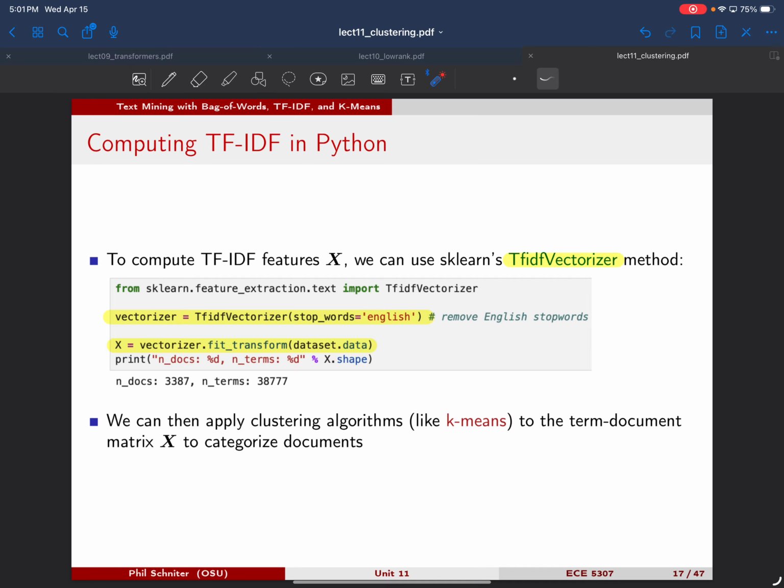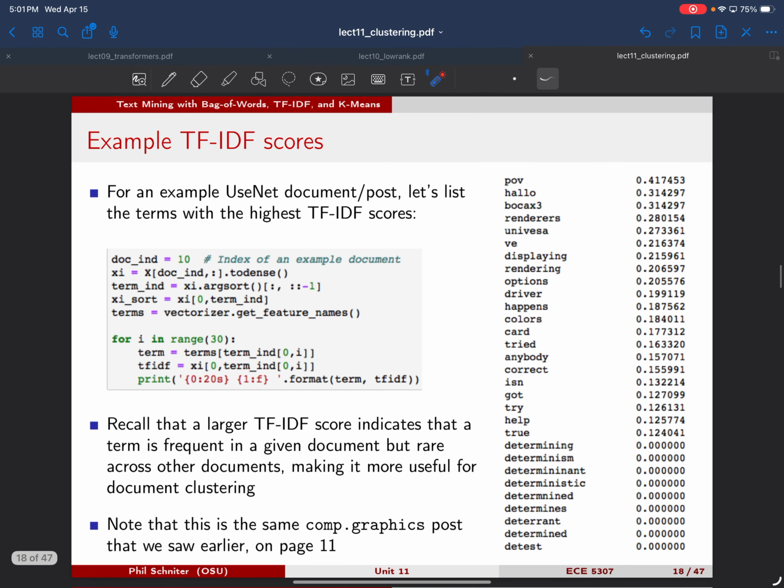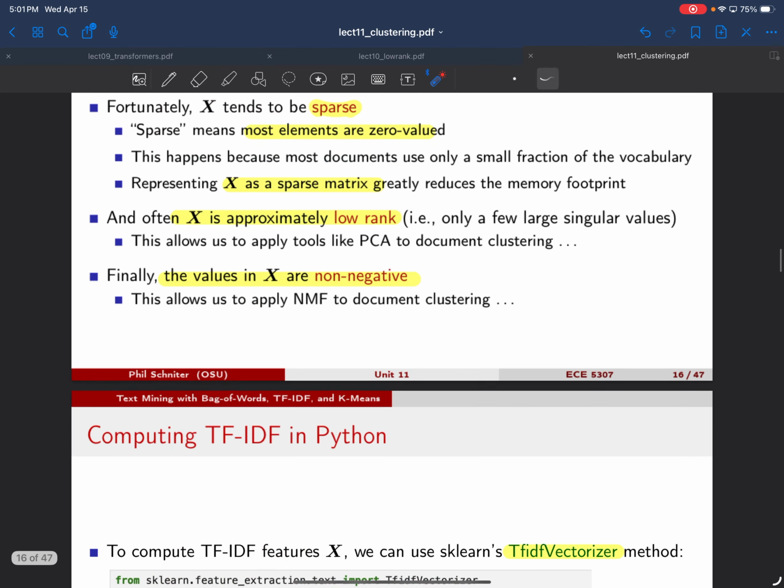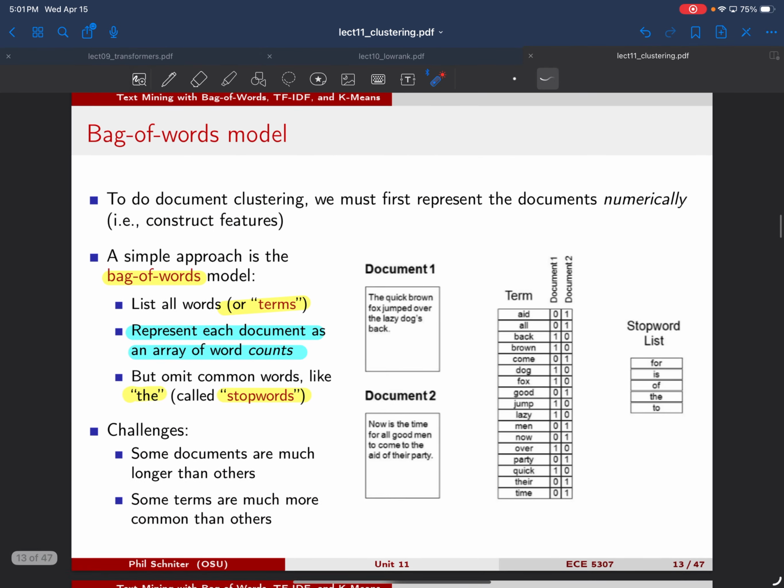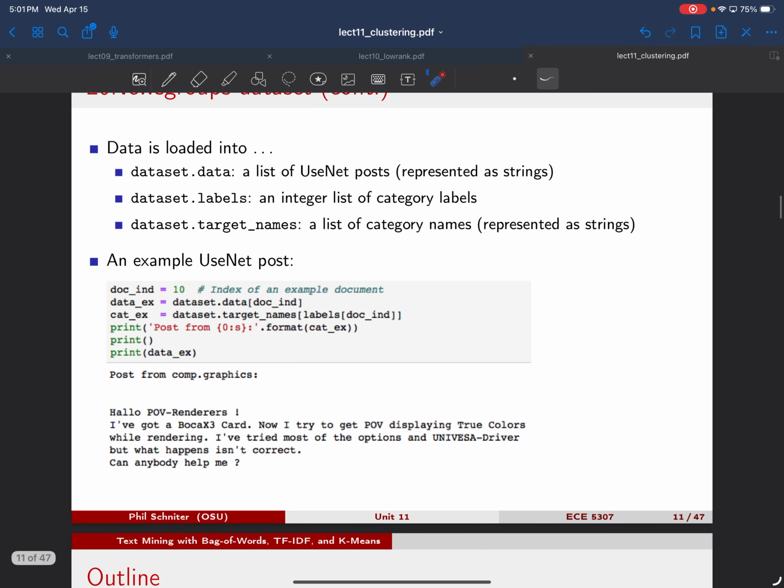Okay, now that we have this, we can just do k-means clustering or whatever clustering algorithm we want to do. So let's just take a look at some of these TF-IDF scores. So let's consider the same post that we saw, this post.